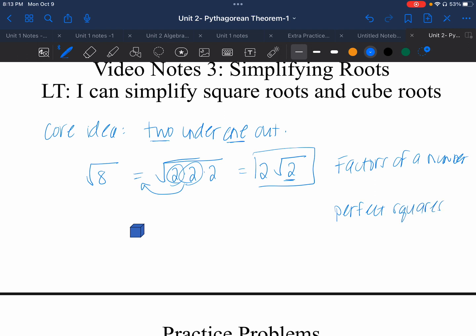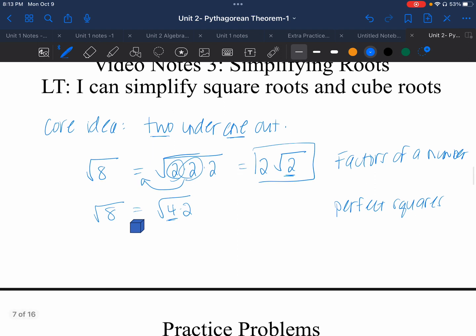If we're looking at that square root of 8, it's also equal to 4 times 2. I know that 4 is a perfect square that I can get a square root of, so that'll be equal to 2 times the square root of 2. Both of those ways work. It really depends on whether or not you know the perfect squares that make up a number, or if you want to look at the factors inside of it.